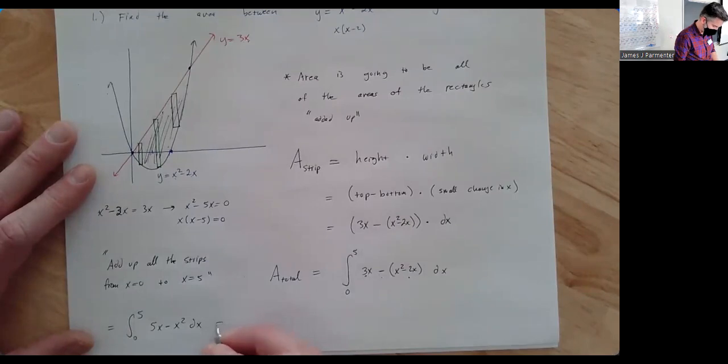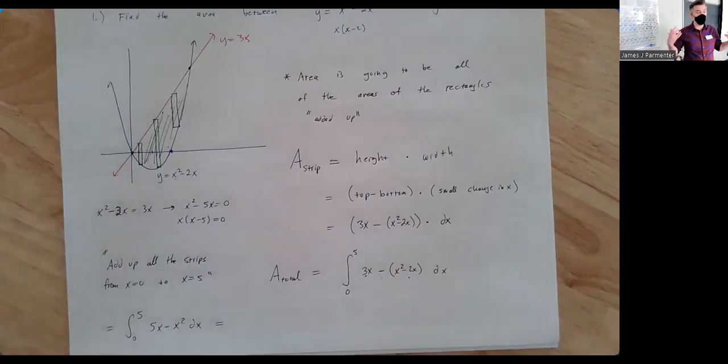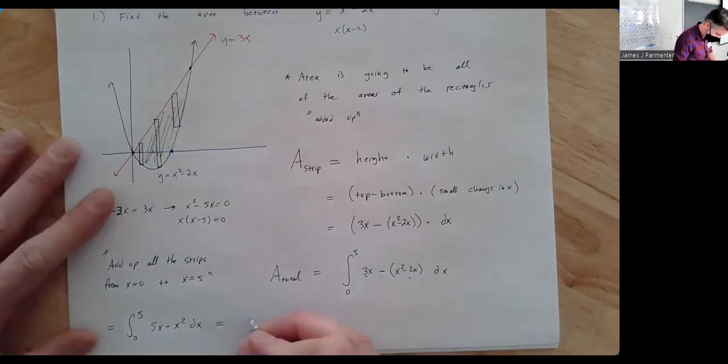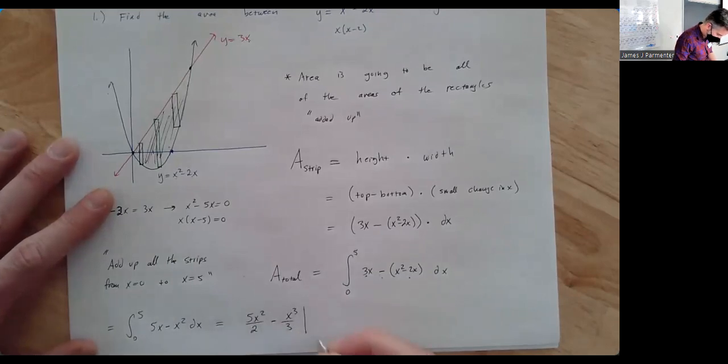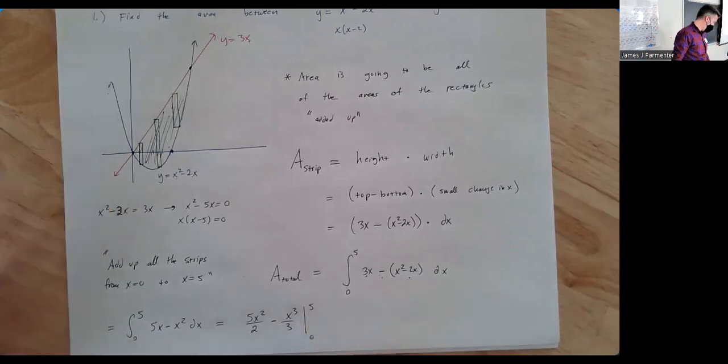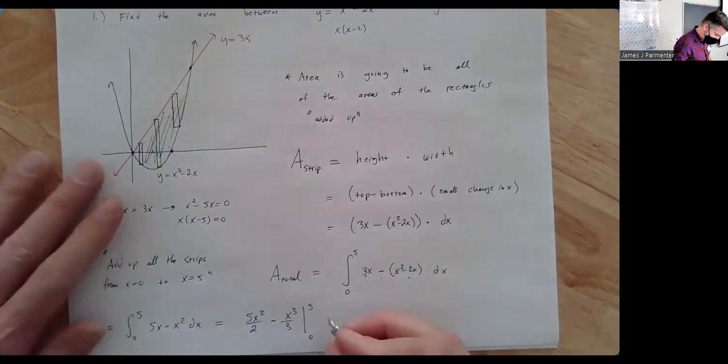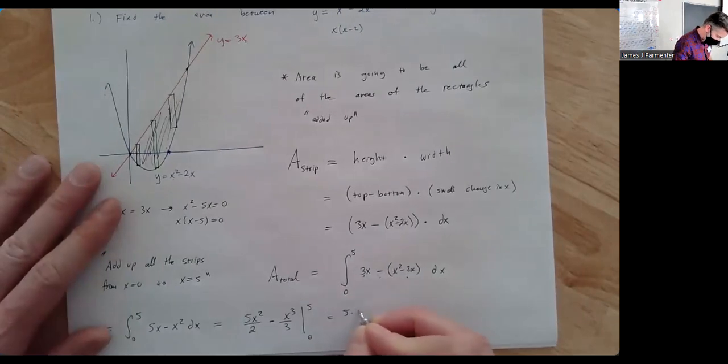And then we're going to use the fundamental theorem of calculus part 2, or we're just going to do the definite integral, which is anti-differentiate. You get 5x squared over 2 minus x cubed over 3, evaluated between 0 and 5. And then you plug in, you get 5 times 5 squared over 2 minus 5 cubed over 3.